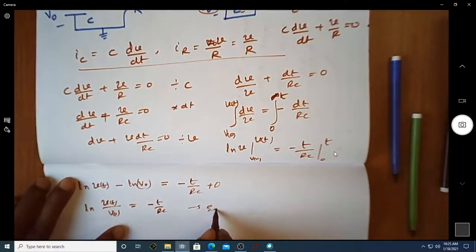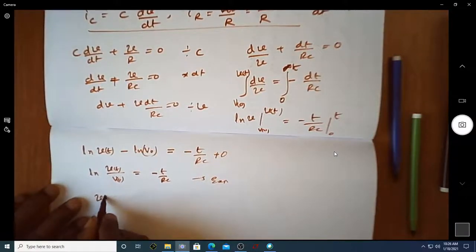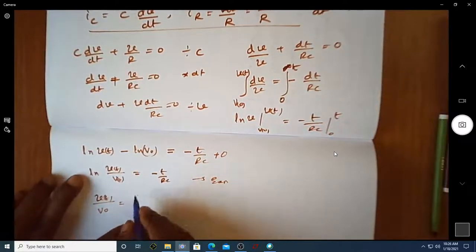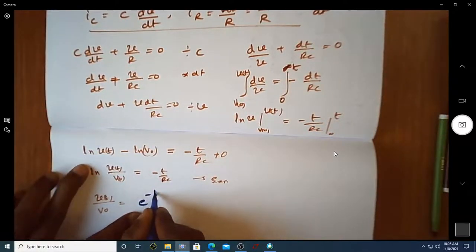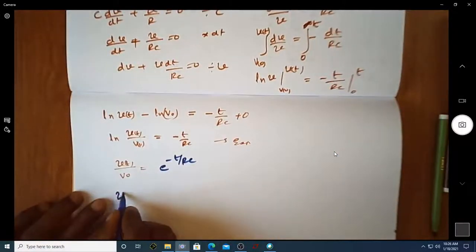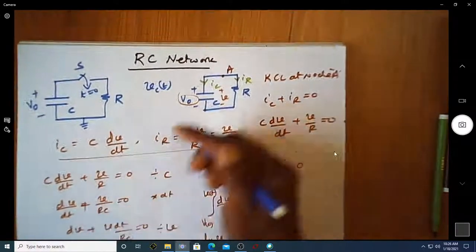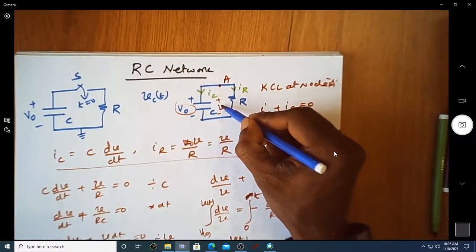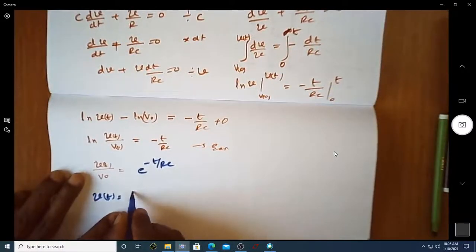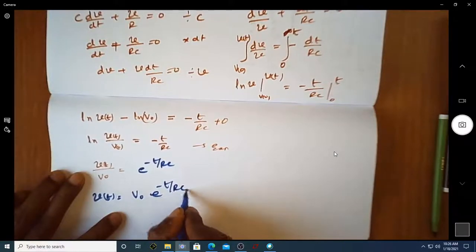Now you take the exponential on either side, then this reduces to v of t by v naught is equal to e power minus t by RC. So v of t is nothing but the voltage across the capacitor at any point of time, that is, v of t is given by v naught into e power minus t by RC.